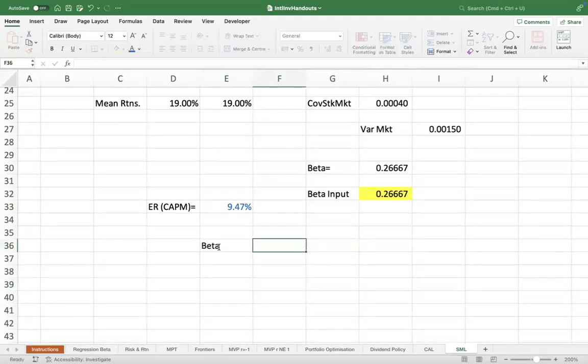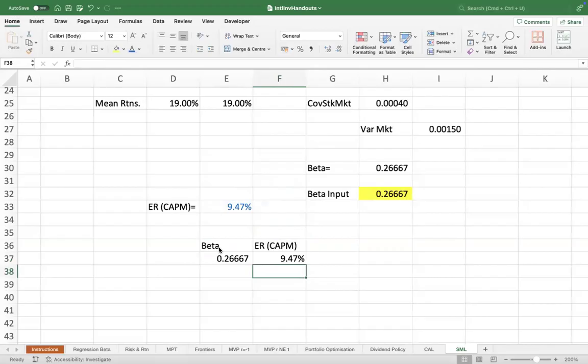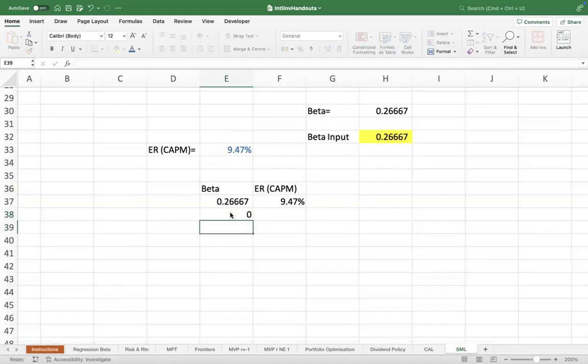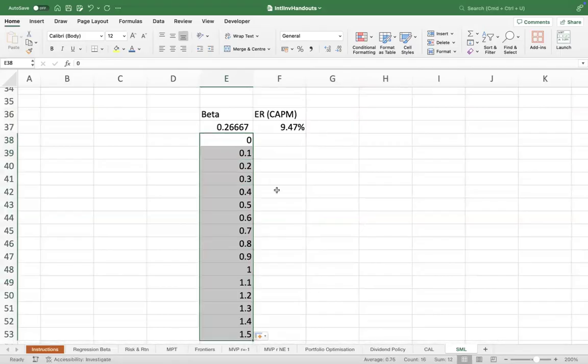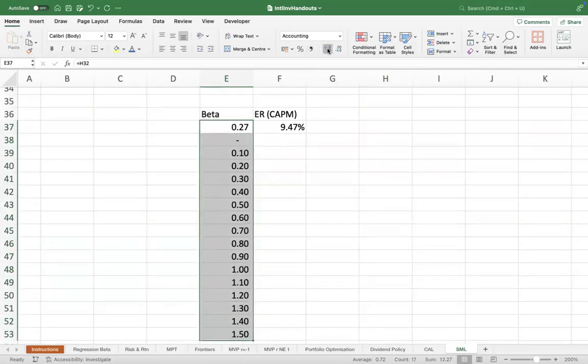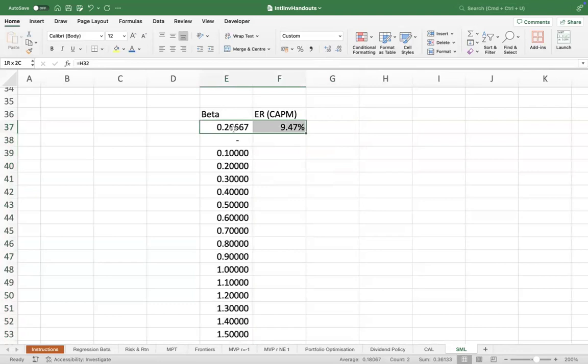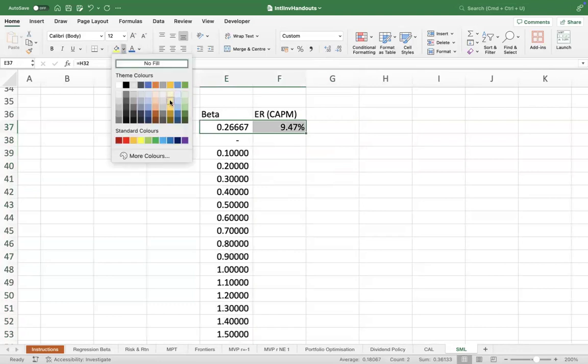So I put my independent variable here and the expected return using CAPM as the dependent variable. And I try to plot starting from 0, 0.1 and go up to maybe 1.5. This is your base case.